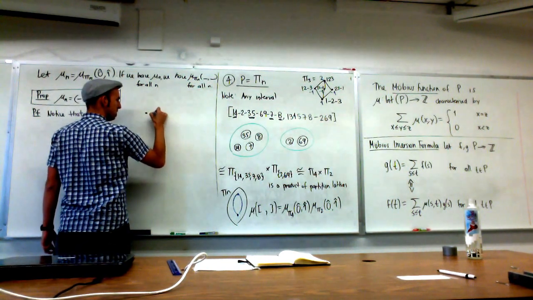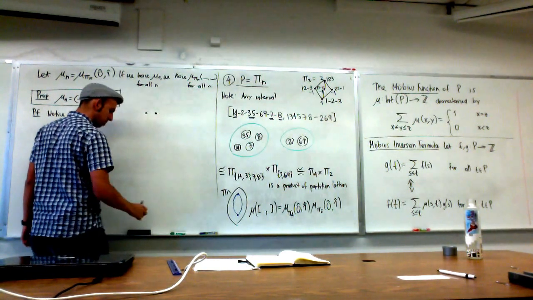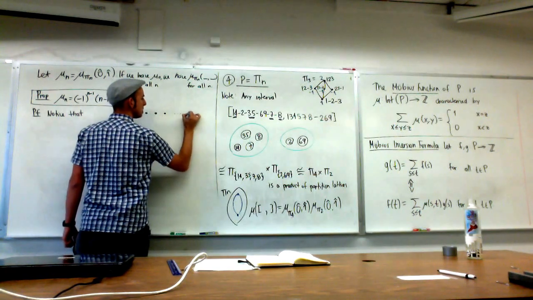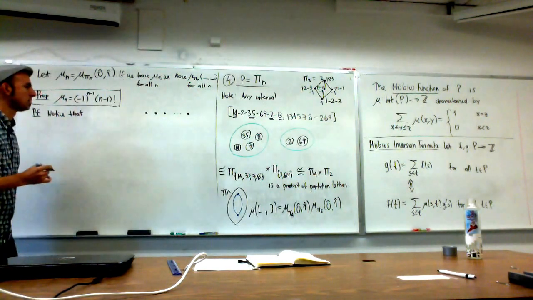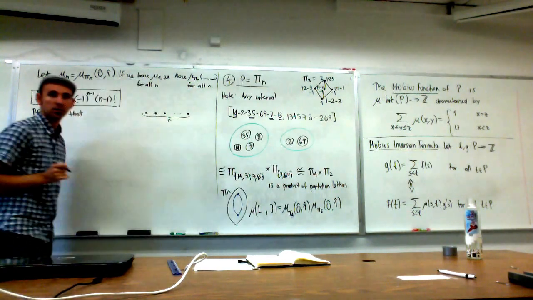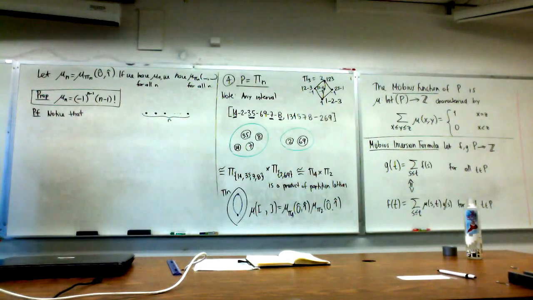Let's say that I have n balls or n vertices, I don't know. And I'm going to color them with Q colors.